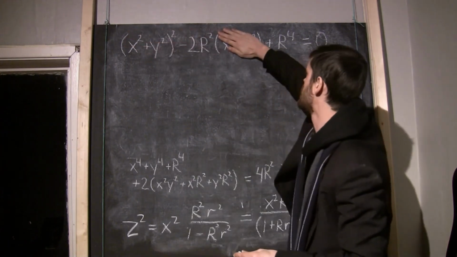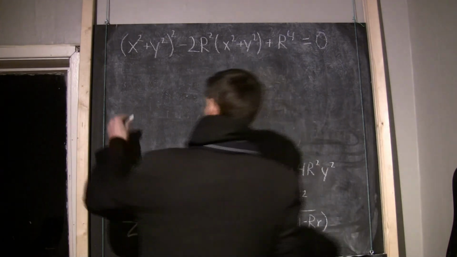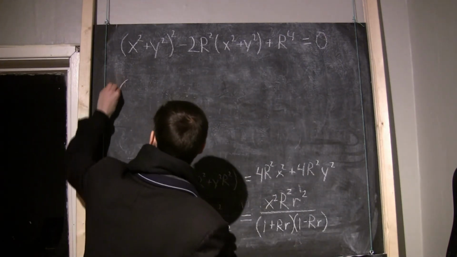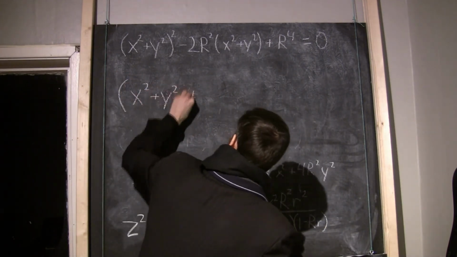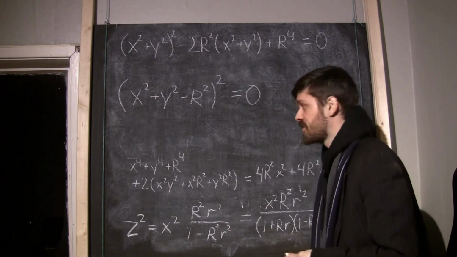Let's call this u and this thing u, and then we see that we have a quadratic equation, and so we could rewrite all of this as, and this sort of concludes the argument.